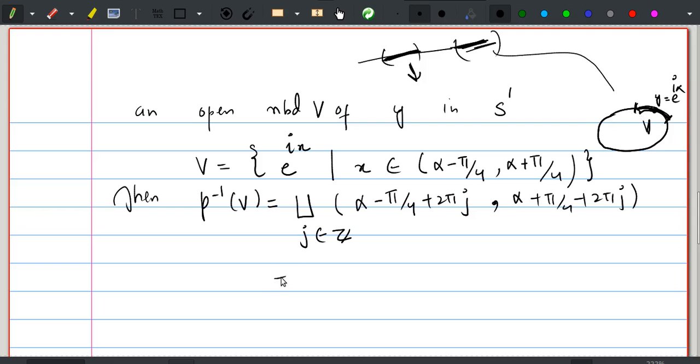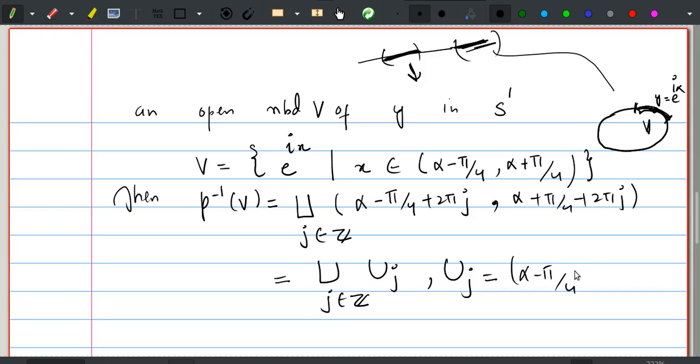So this is the same as the union over j in Z of U_j, where U_j is the open interval alpha minus pi by 4 plus 2 pi j and alpha plus pi by 4 plus 2 pi j.